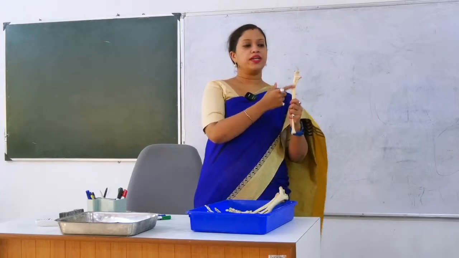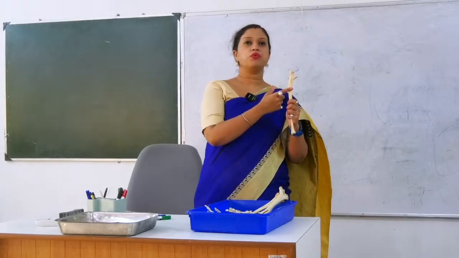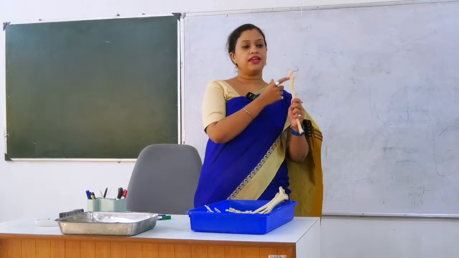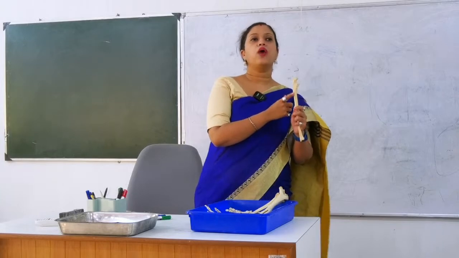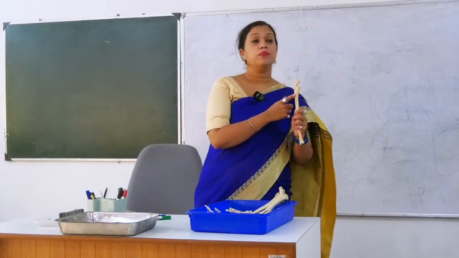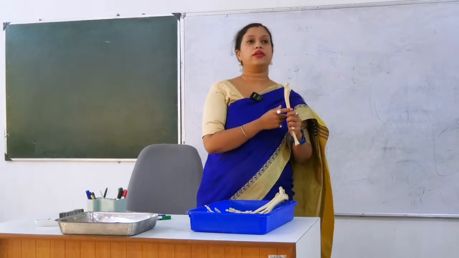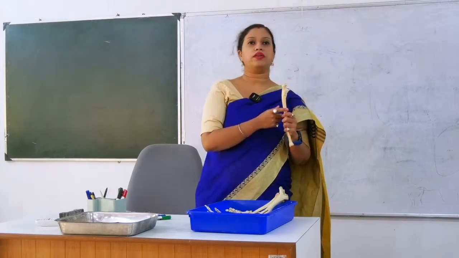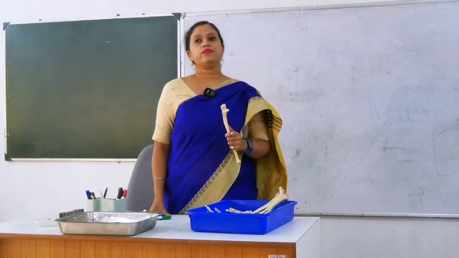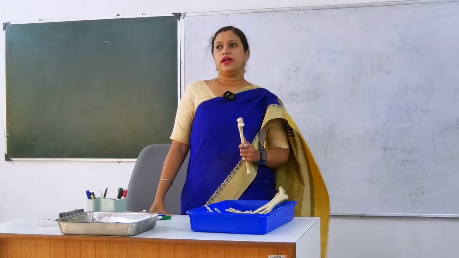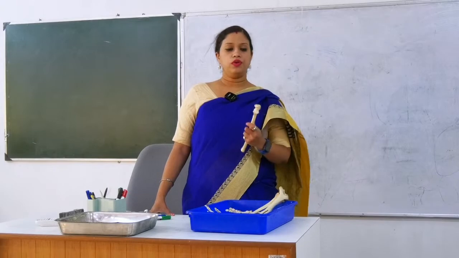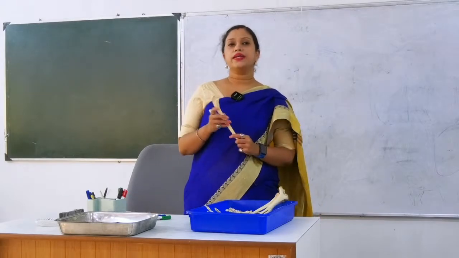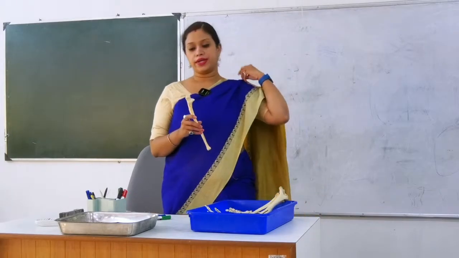See, this supinator fossa is smooth because the radial tuberosity is a bone, but here it is rough. That means definitely some muscle or tendon. So why the name supinator crest? Because of the attachment of some fibers of supinator. So write it down: in the supinator crest, there is the attachment of some fibers of the supinator muscle.